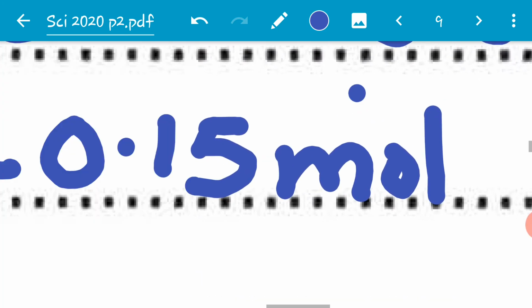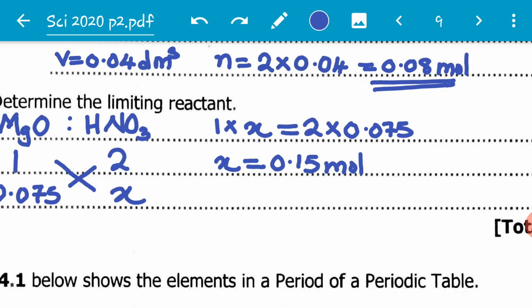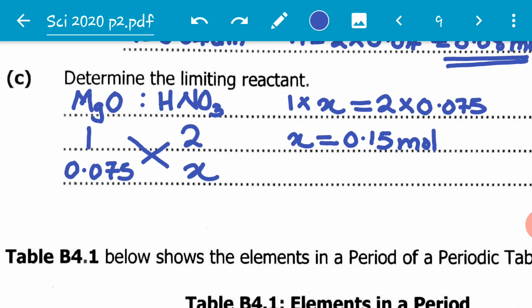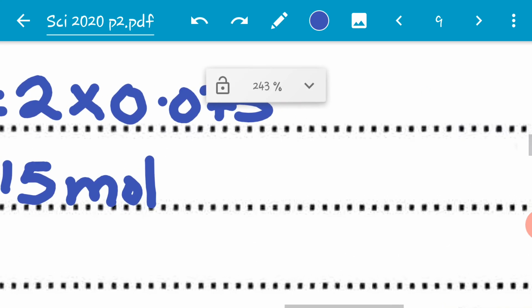Because this is for nitric acid, it means that 0.075 moles of magnesium oxide will react with 0.15 moles of nitric acid. But what have we been given for nitric acid? What we've been given is 0.08.